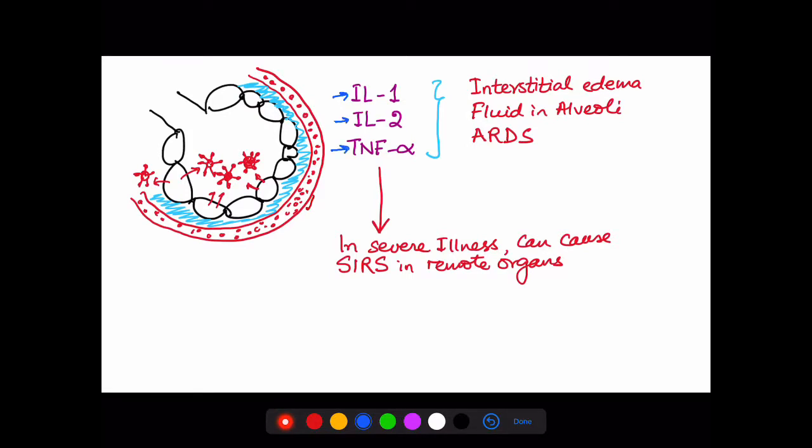These are inflammatory cytokines, so they increase the vascular permeability and activate the complement cascade. The vascular permeability is increased, and there is fluid accumulation in the interstitial spaces between the alveolar cells and the blood vessels. This is known as interstitial edema.